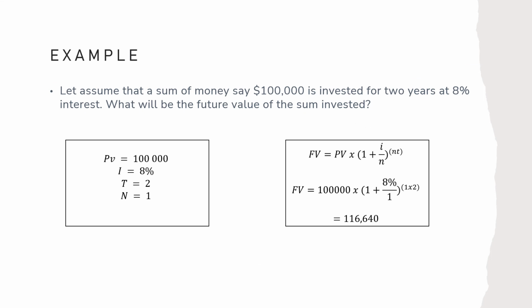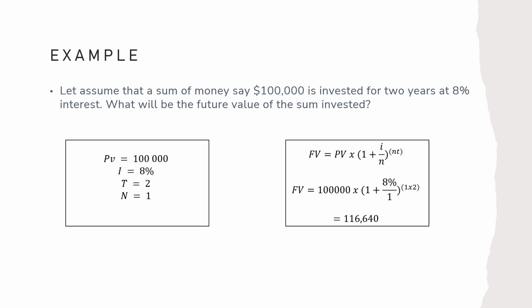So this is the example of a future value question. Let's assume that a sum of money, say $100,000, is invested for 2 years at 8% interest. What will be the future value of the sum invested? So we need to calculate the future value.